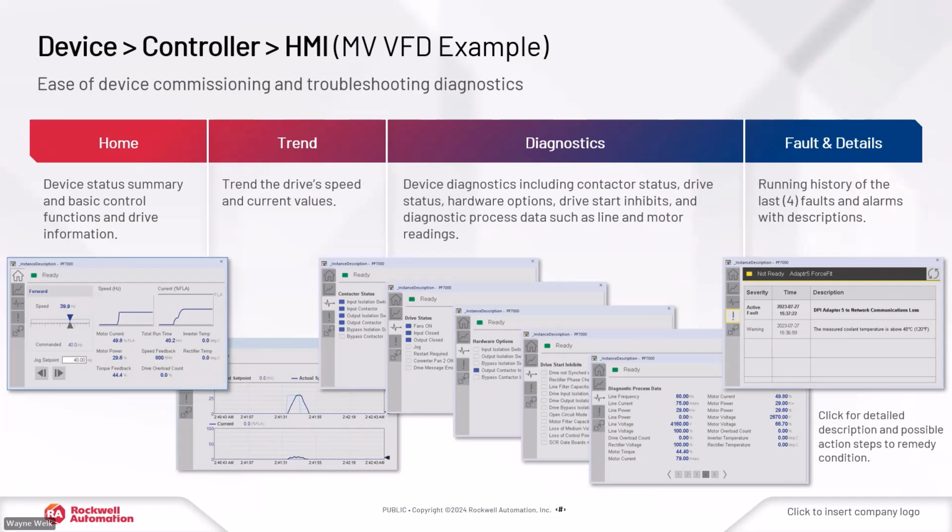You can also trend the speed if you don't think the drive is coming up as it has in the past. You can look at trend information to track that. There's a lot of detailed information here that is really only available through a network. Go ahead.